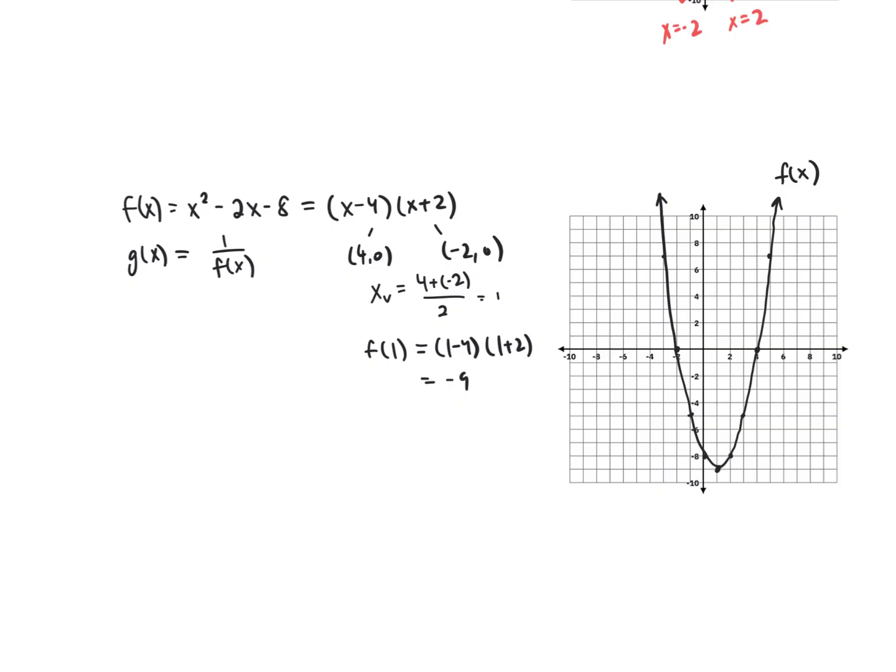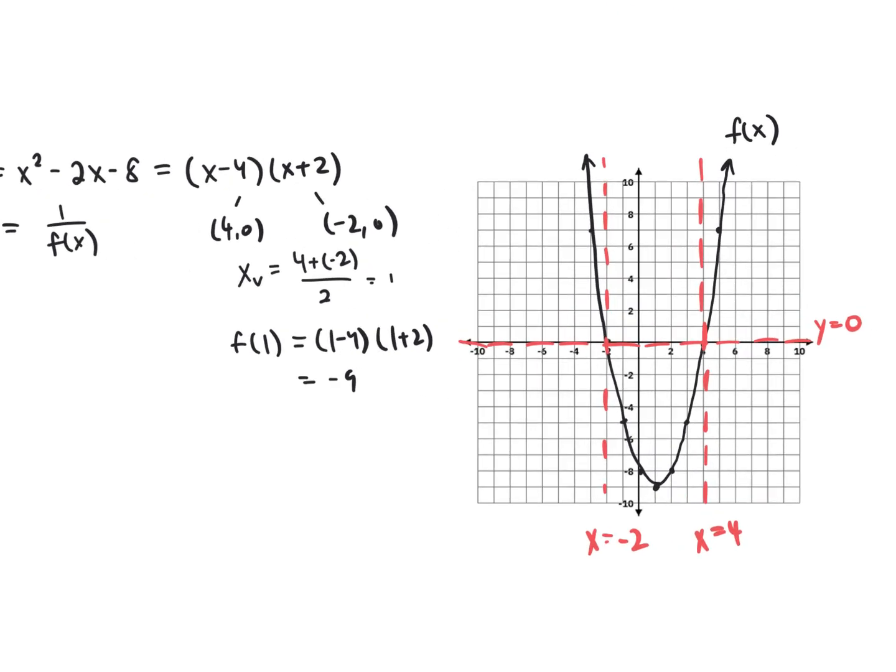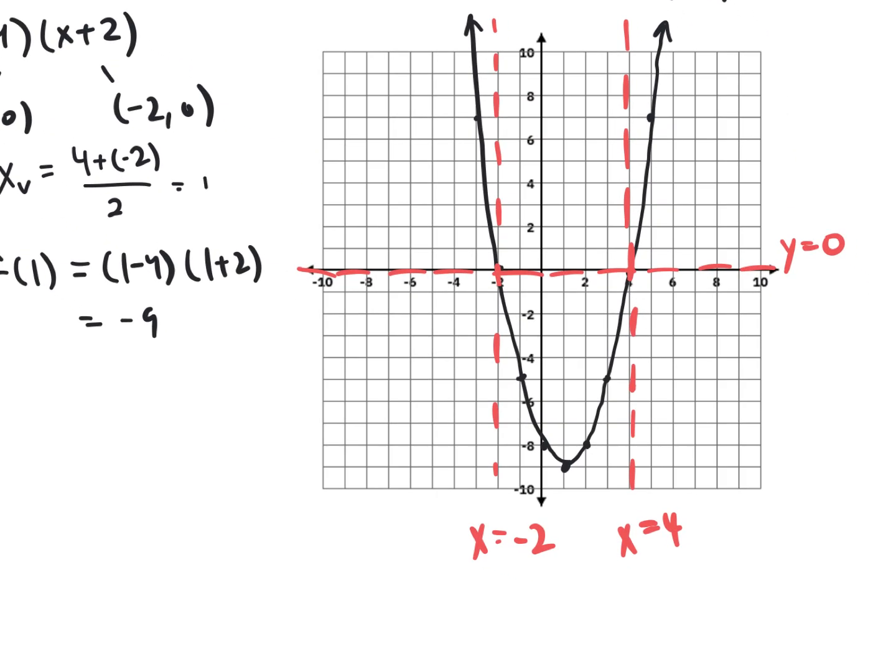Now I'm going to start with my reciprocal, and the most important thing to start with is those asymptotes. We'll have one at x = -2, the other at x = 4, and the final at y = 0. Then some shared points. I'm just going to go to 1 and -1.